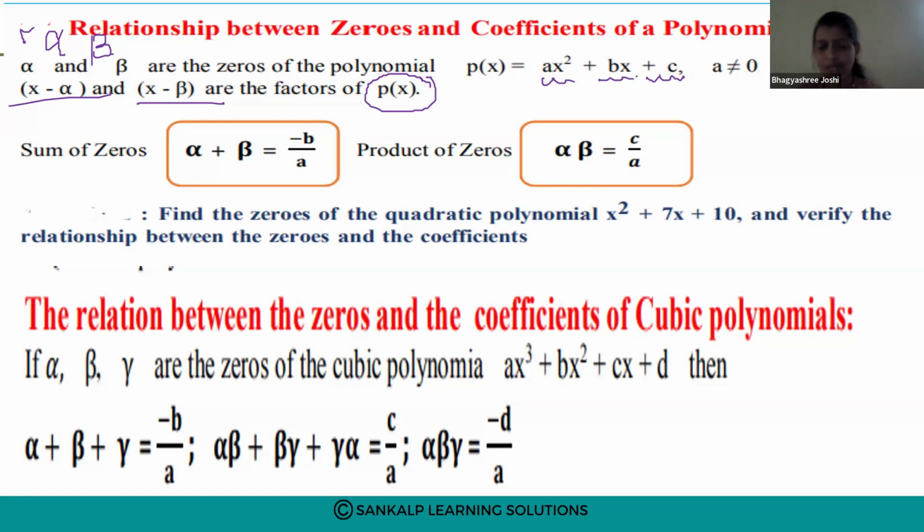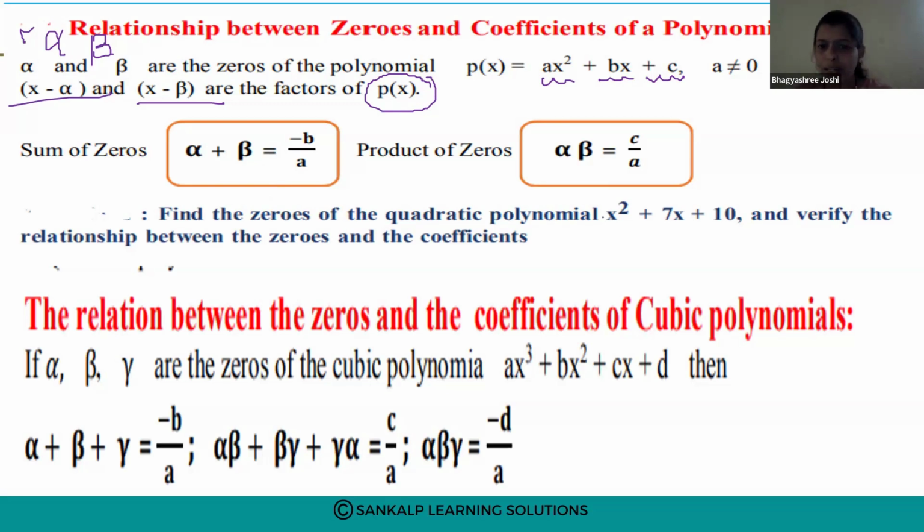Therefore, a is not equal to 0. X minus alpha and x minus beta are the factors of p of x. ಇದನ್ನ ಏನಂತ ಕರಿತೀವಿ? Factors of p of x. I think you may know what factors mean. Factors ಅಂತಂದ್ರೆ ಏನು ಗೊತ್ತಿದೆ ನಿಮ್ಗೆ. Right? So we'll take one example. ಅವಾಗ ನಿಮಗೆ ಕರೆಕ್ಟ್ ಆಗಿ ಗೊತ್ತಾಗುತ್ತೆ.